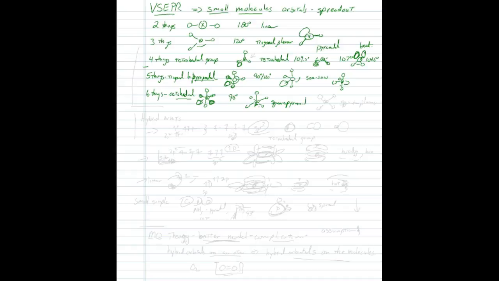And you can have lone pairs above and below, in which case it would be a flat molecule. This is looking down on it. And this is square planar.